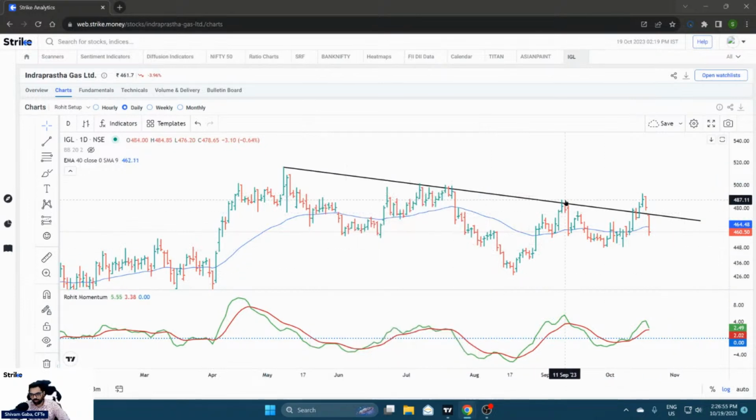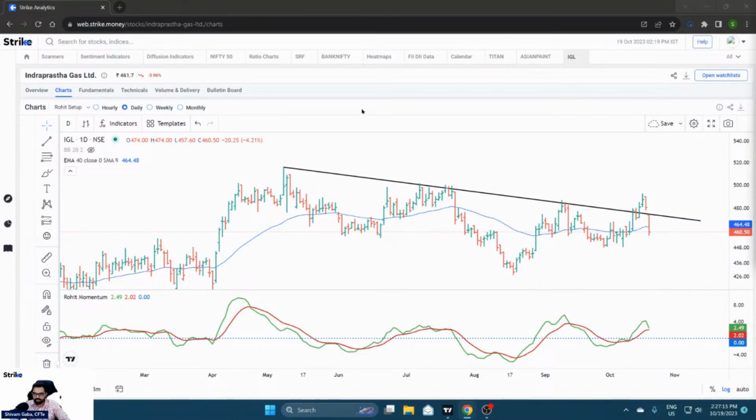It has actually broken above and again broken down. So the level to keep in mind would be 475. Going back above this line again would be important for this setup.